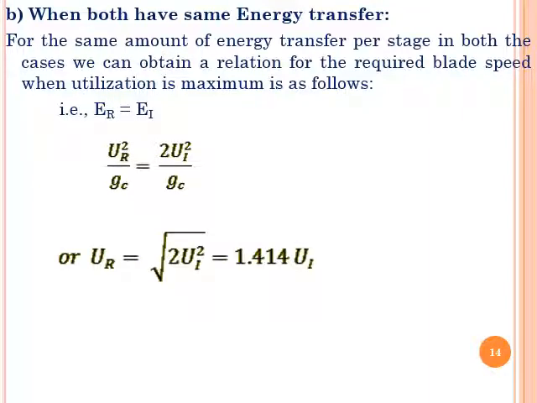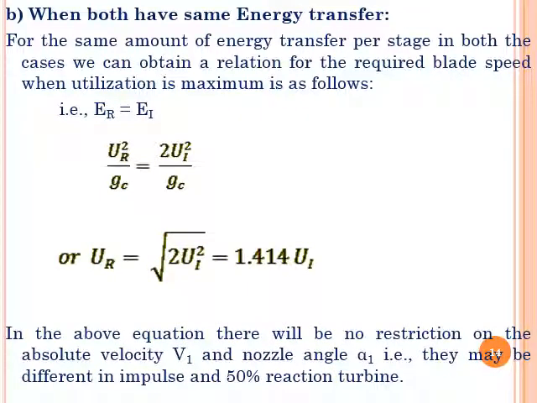So UR is equal to the square root of 2 times U square. The square root of 2 is 1.414, and the square root of U square is U. So the blade speed in a 50% reaction turbine is 1.414 times the blade speed of the impulse turbine.